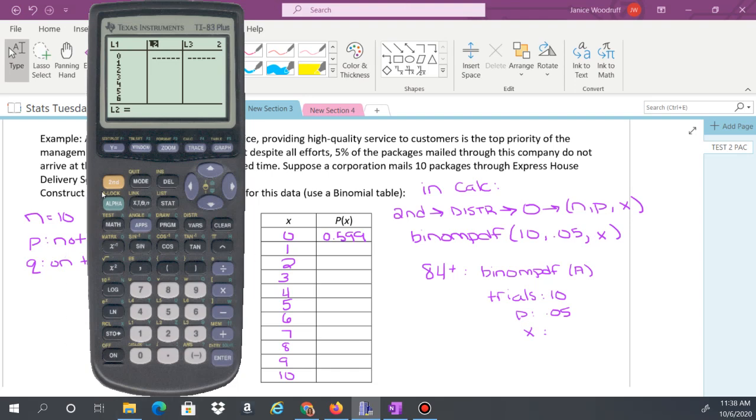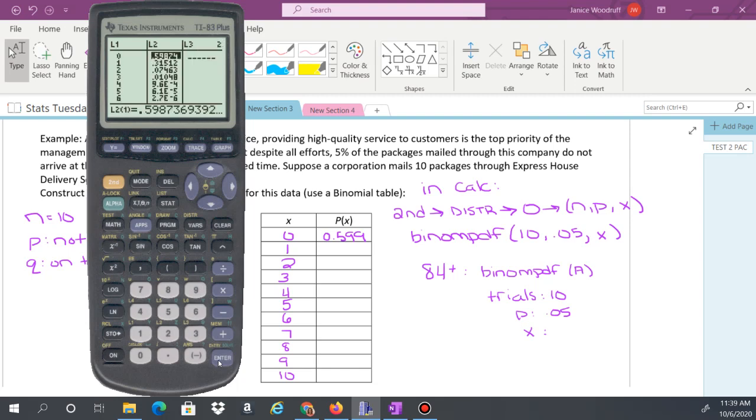So I'm going to go second, distribution, I'm going to go to binomial PDF, and then here I'm going to put my N is 10, comma, my P is 0.05. My X, however, I'm going to grab from L1. So I'm going to do second 1 for L1 for my X list. Close the parentheses and hit enter.